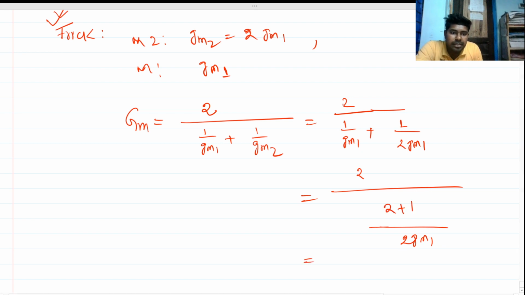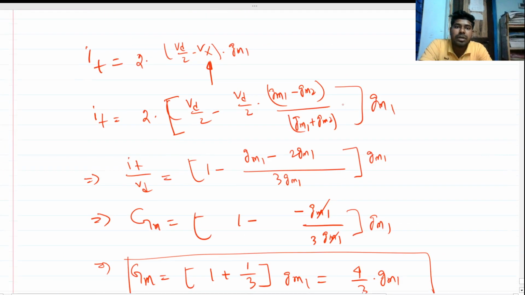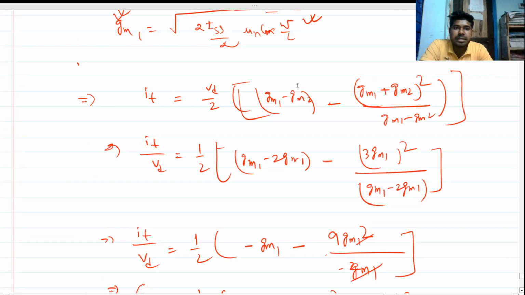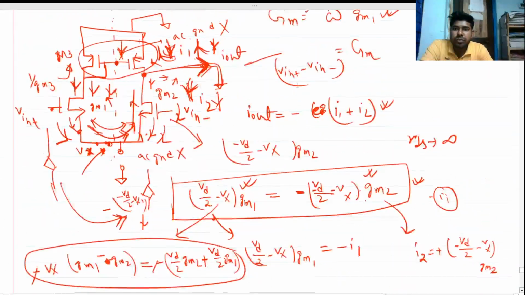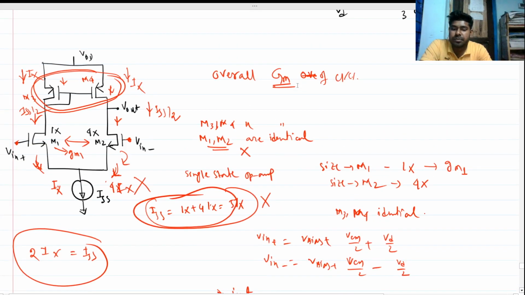So this will be exactly 4 Gm1 by 3. So this is exactly the same expression. Okay, so this is the trick. I actually wanted to do this calculation first, and then you learn this trick. Doing this type of calculation makes your circuit analysis more rigorous. Okay, thank you everyone.